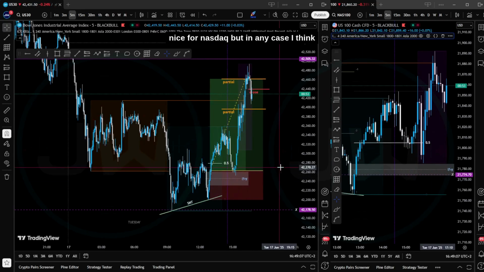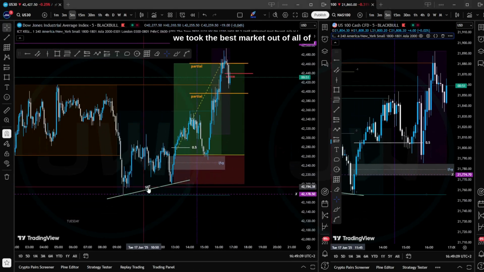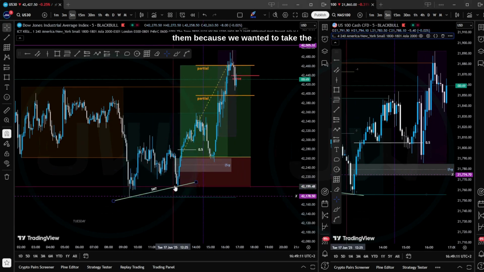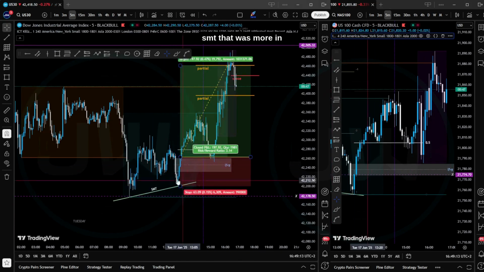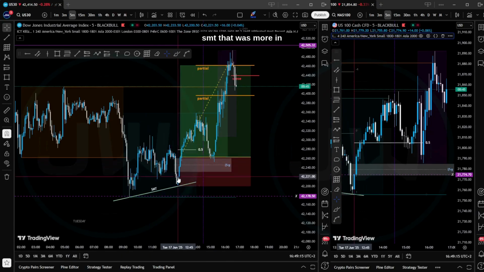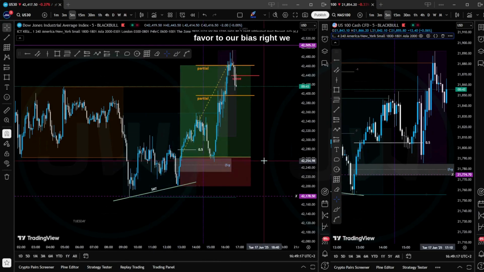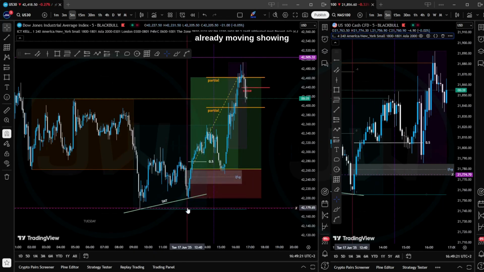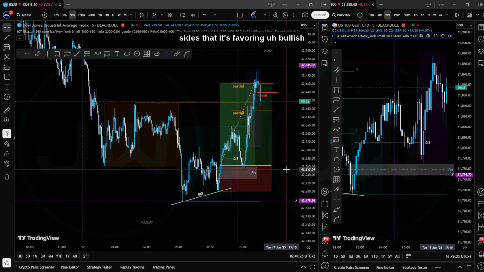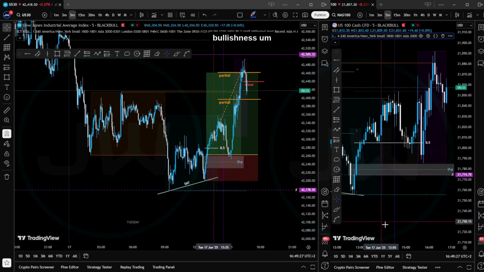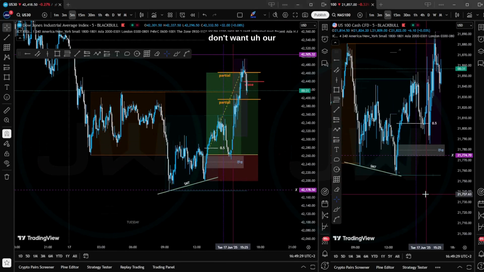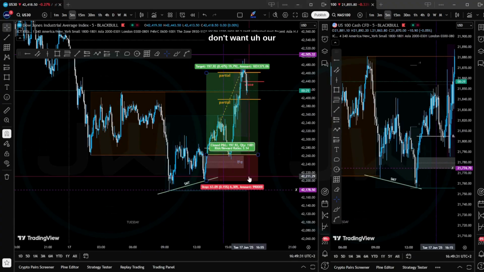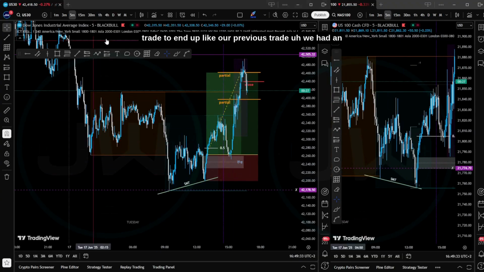But in any case, I think we took the best market out of all of them, because we wanted to take the SMT that was more in favor of our bias, right? We want the market that's already moving, showing signs that it's favoring bullishness.